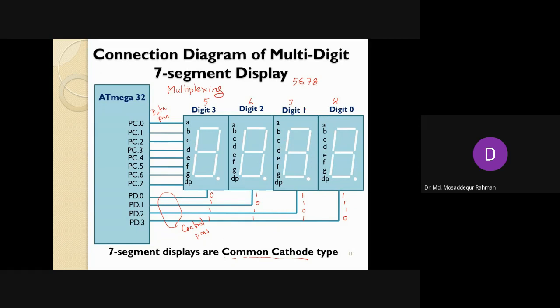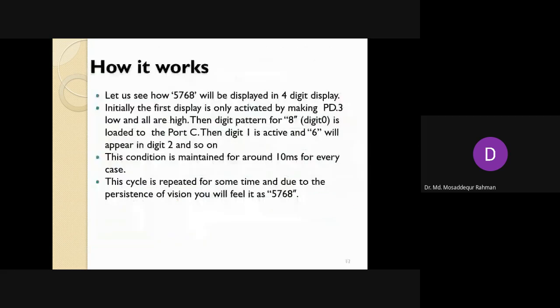So port D you can say is the control port, and port C is the data port. We are sending the data, the different codes of the digits. So port C is defined as the data port and port D is defined as the control port, for ease of understanding or ease of reading the program.